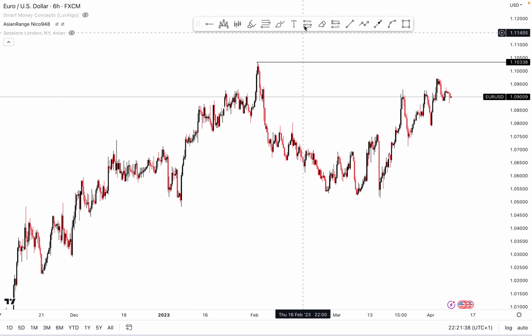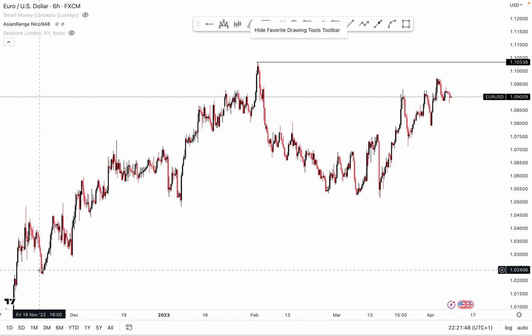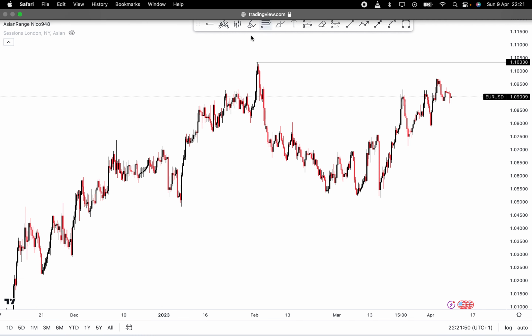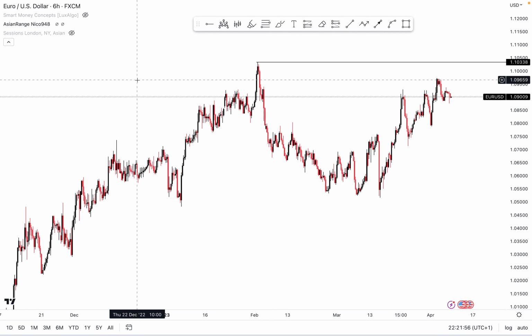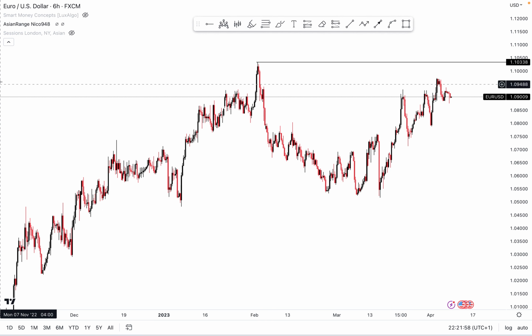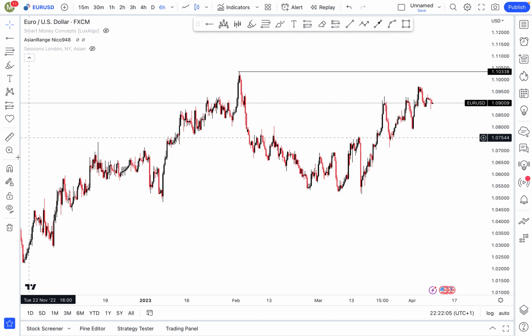So as we can see here, we have highs here. We have this market giving us a series of higher highs, series of higher highs, series of higher highs here.